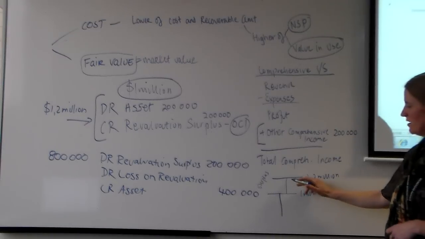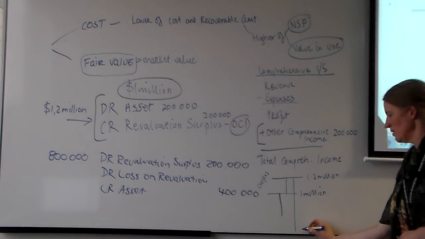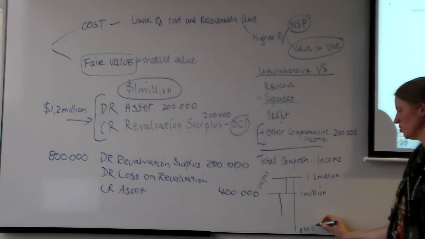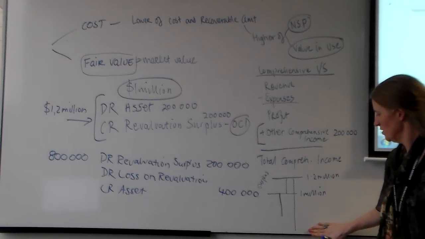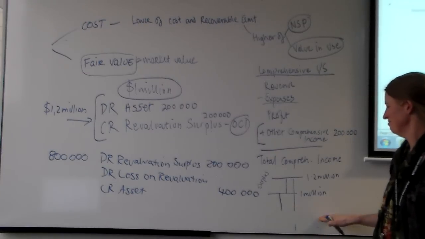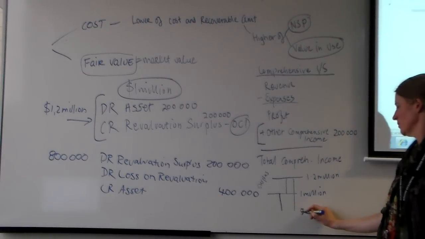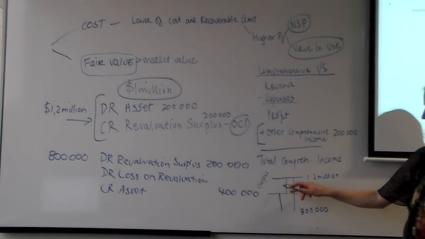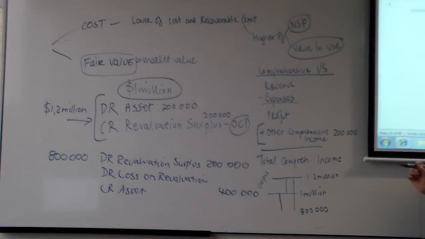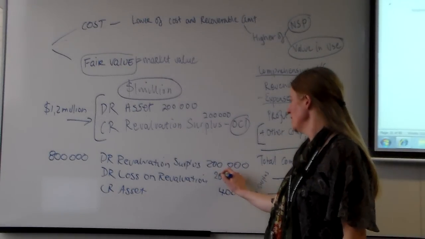When we take it down to 800, say here, what we do is we always reverse the surplus. And the surplus is only 200,000. So we reverse that, and then anything over and above that will go to loss on revaluation. Make sense? So we're going to have loss on revaluation here, 200,000.